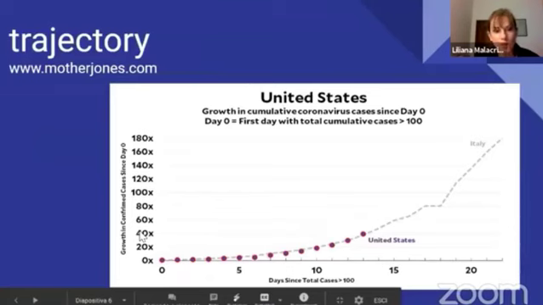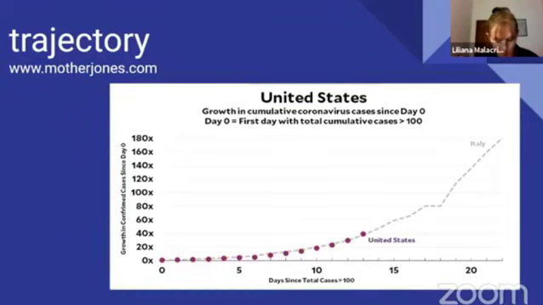Let's analyze now trajectory. A trajectory, as you see, is a curve. In this case, a line that describes the curve that a body describes in space, a path, a progression, or line of development.